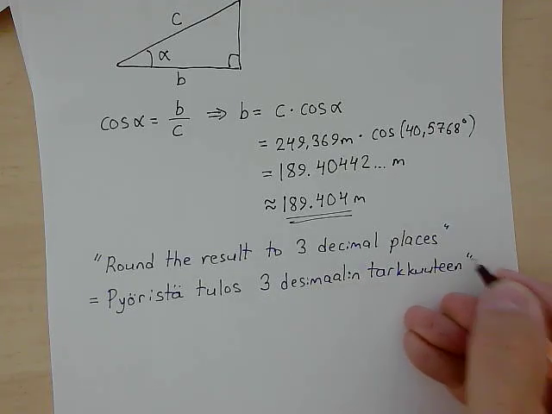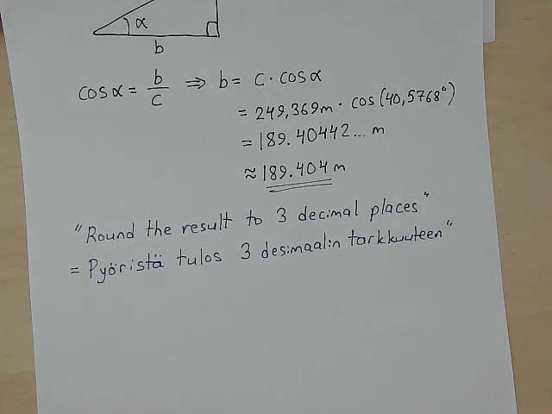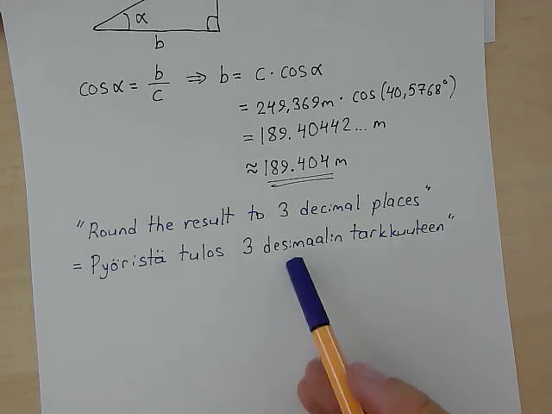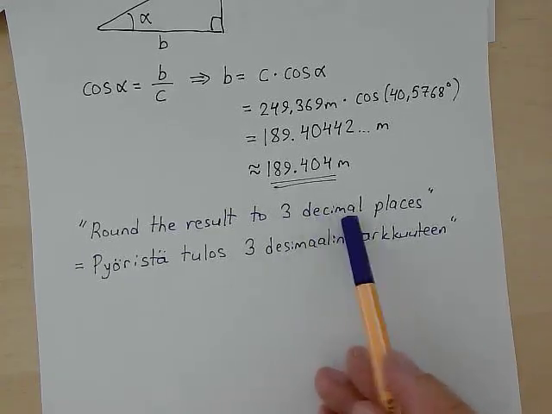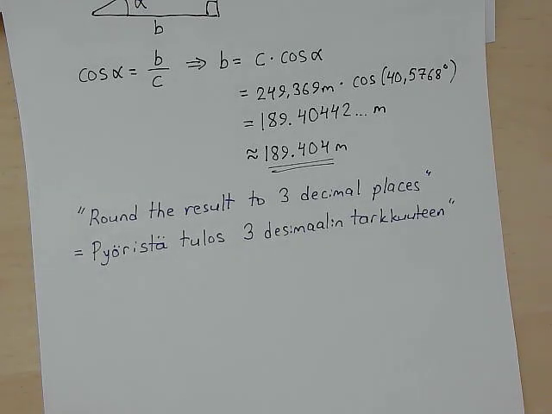So actually this Finnish sentence translates as: round the result to 3 decimals accuracy. Here again, the decimal word in Finnish is desimaali, with an e in the end.